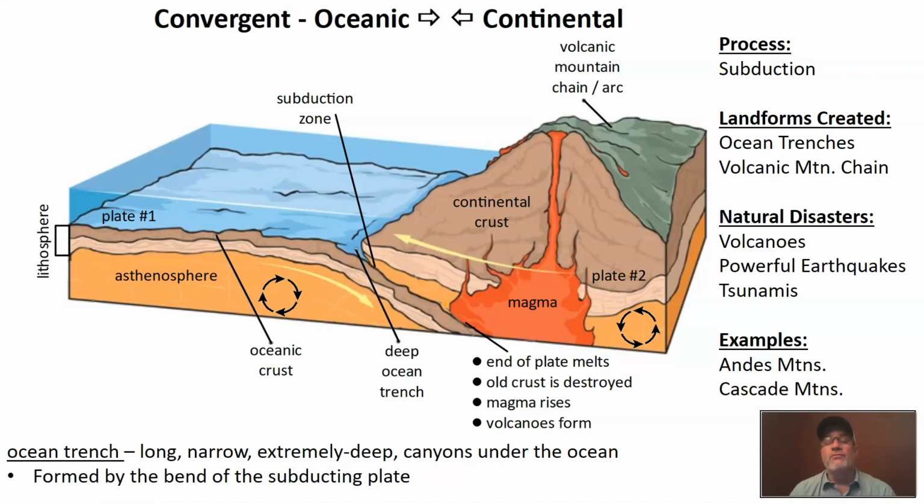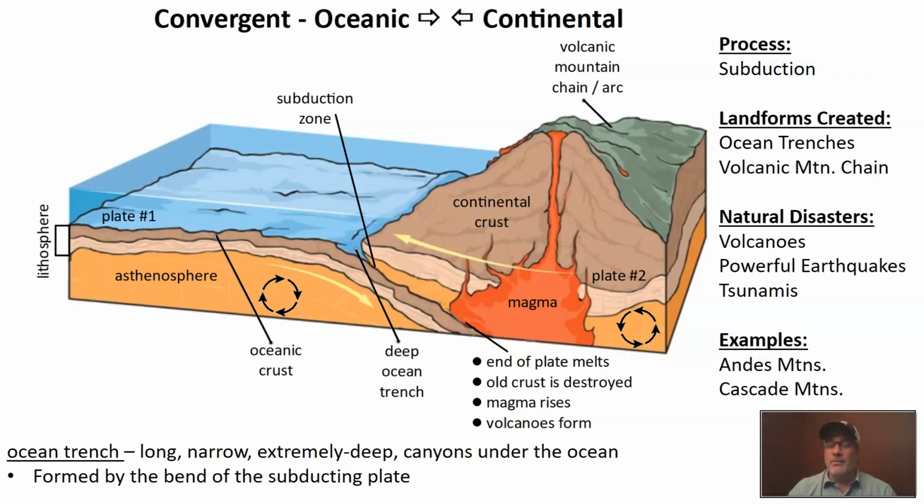So we can also have some very powerful earthquakes here at these convergent boundaries where we have subduction. Whenever we have an earthquake underneath the ocean like this, that's precisely what causes a tsunami. So, you know, these are pretty violent places.